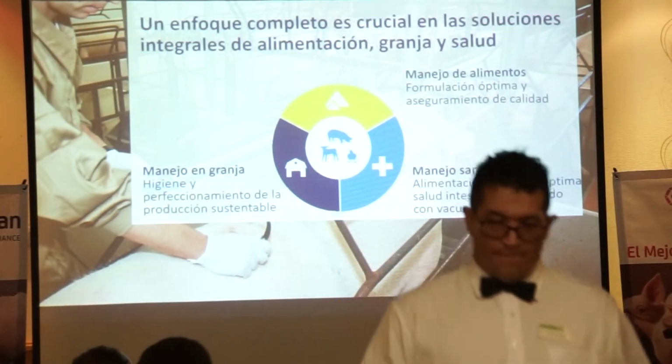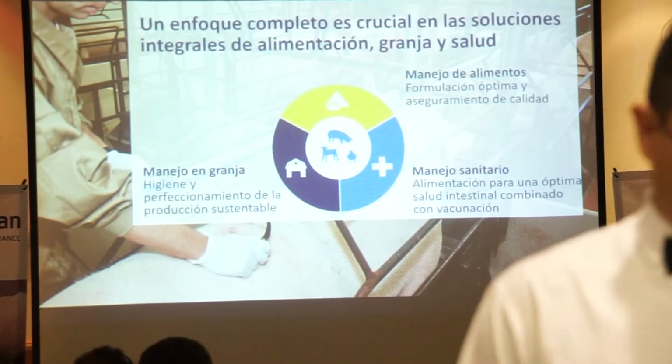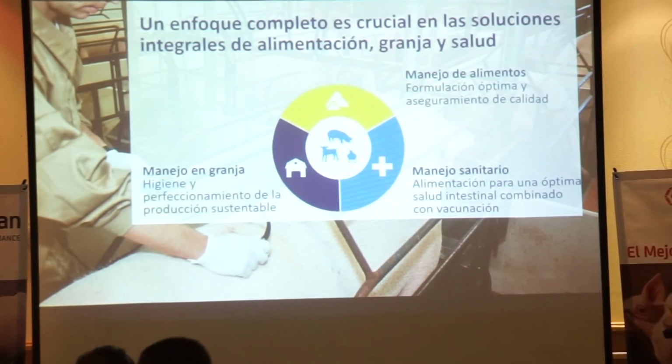And within the whole analysis, we focus on three pillars. One is the feed management, one is the farm management, and one is the health management. In our opinion, if you have a problem with one of those three, the other two will also be influenced.